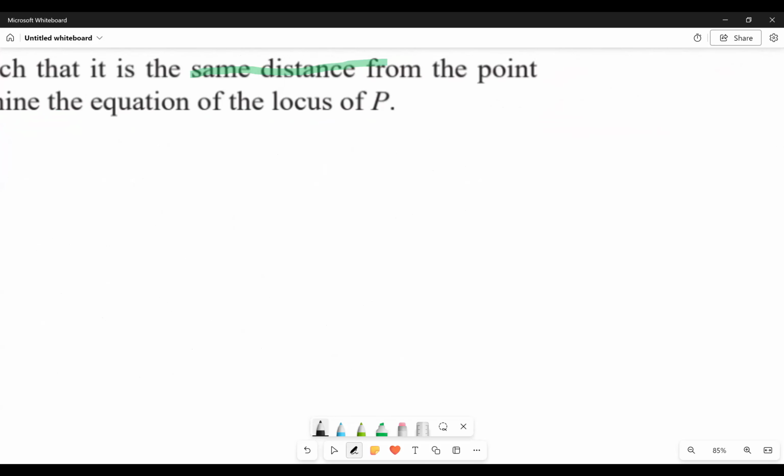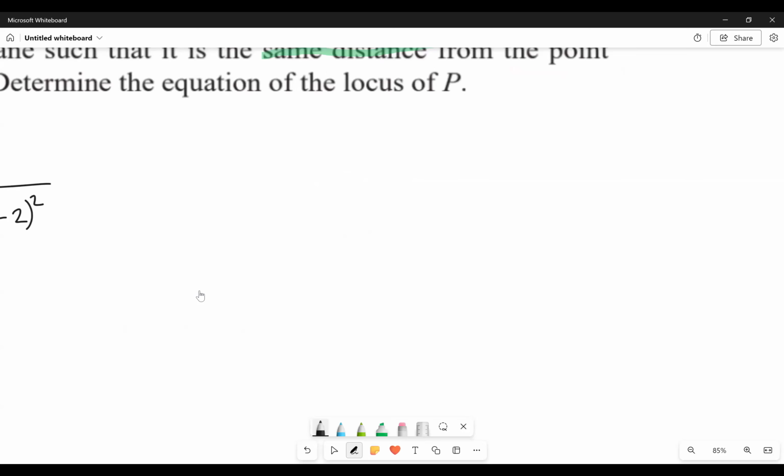I think if I draw the graph, it becomes clearer.